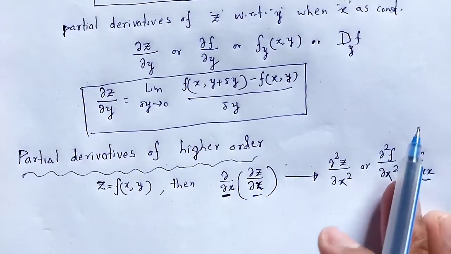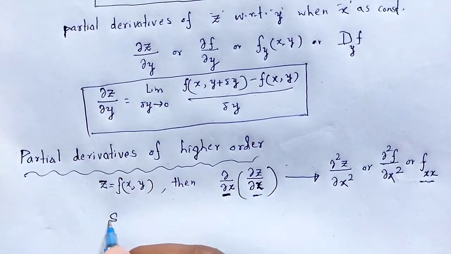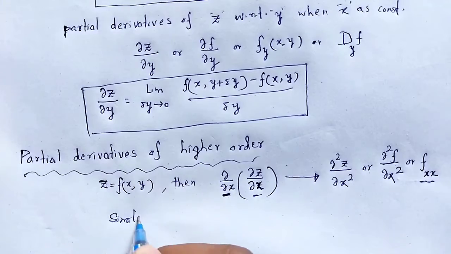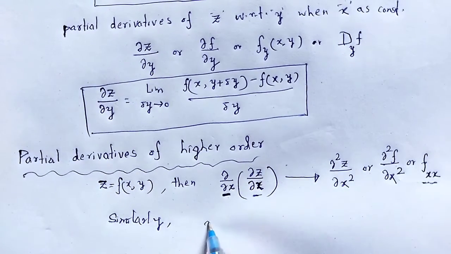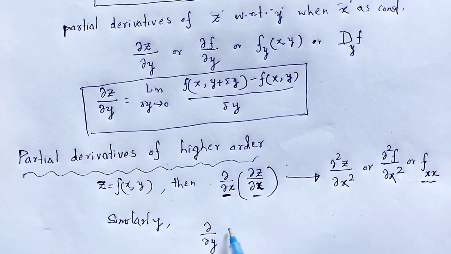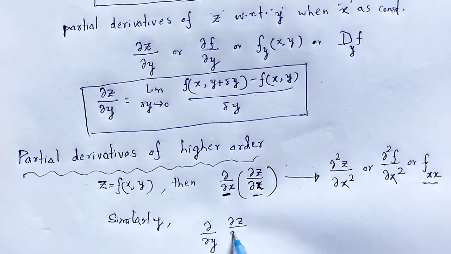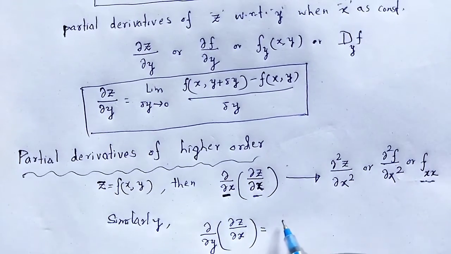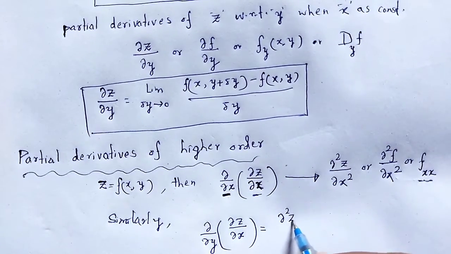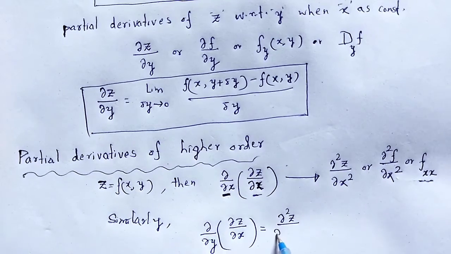Similarly, other forms of higher order partial derivatives are represented like this: del by del y of del z by del x. We can write it as del square z by del y del x.